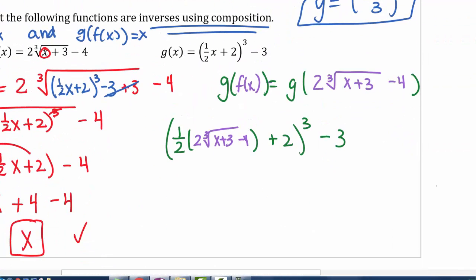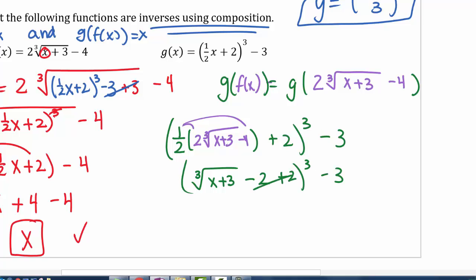Okay, so the first thing I need to do is go work inside my parentheses, right? Please excuse my dear Aunt Sally. Well, I can distribute my 1/2 to this 2 times the cube root of x plus 3 and the minus 4. So 1/2 times 2 is 1, so I have the cube root of x plus 3 minus 2, because 1/2 times negative 4 is negative 2, plus 2 to the third minus 3.